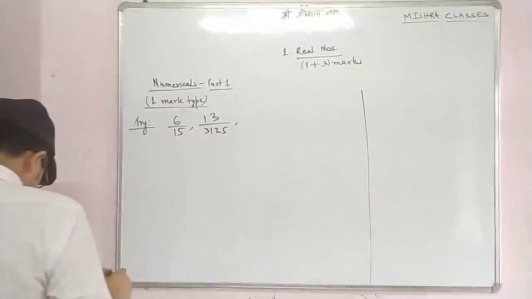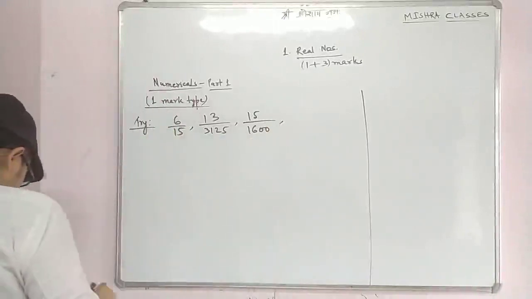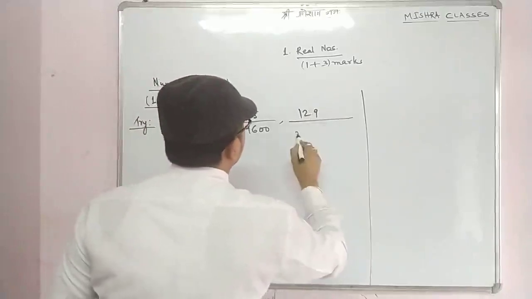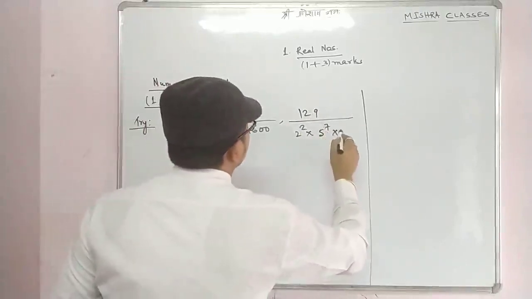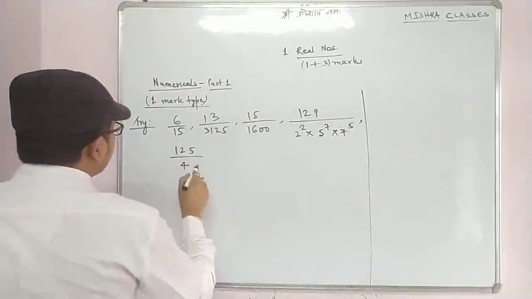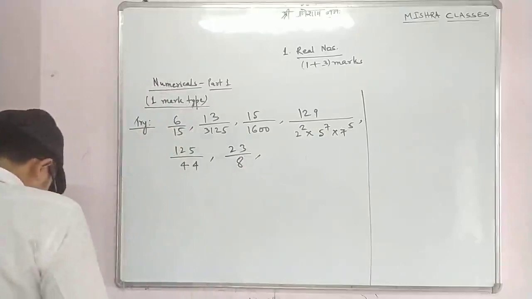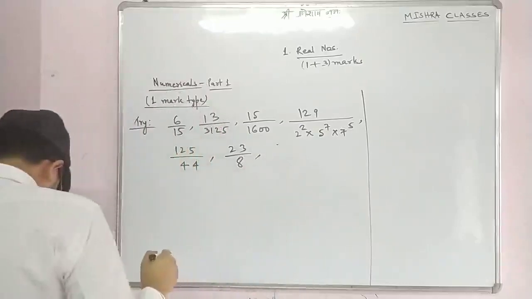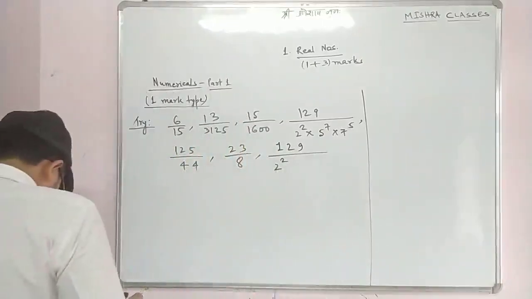These questions I am giving you to try. 6 by 15, 13 by 3125, 15 by 1600, 129 by 2 square into 5 power 7 into 7 power 5, 125 by 44, 23 by 8, 129 by 2 power 2, 5 power 7.